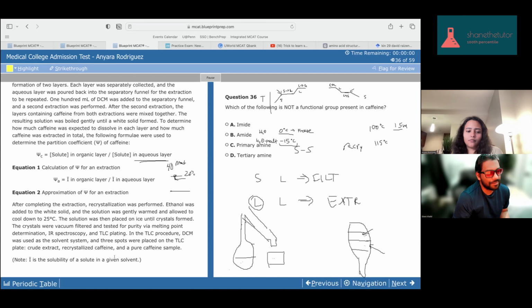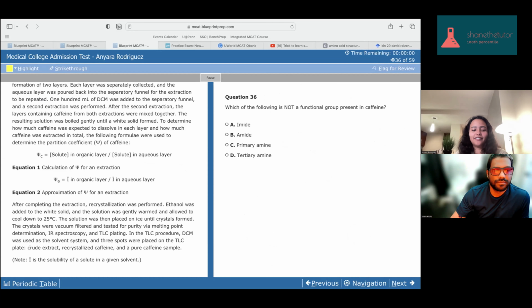So, it seems like the crude extract, what do you think that would be here? Well, the way I'm thinking of it is like negative control, positive control, and your sample of the recrystallized caffeine.